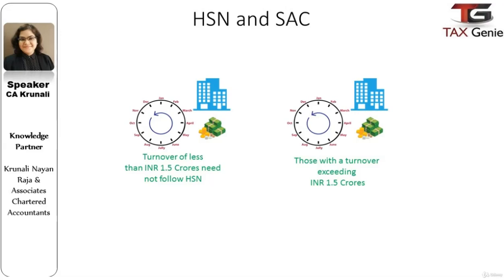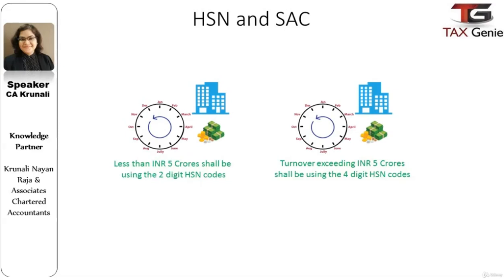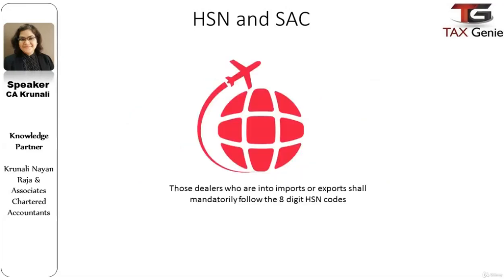Those with a turnover exceeding rupees 1.5 crores but less than 5 crores would be using the 2-digit HSN code, and those with a turnover exceeding rupees 5 crores will be using the 4-digit HSN codes. Further, any dealers who are into imports or exports will have to mandatorily follow the 8-digit HSN codes.